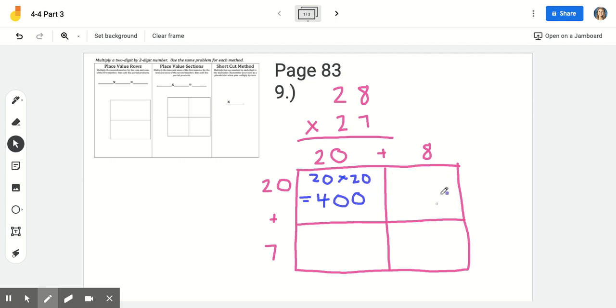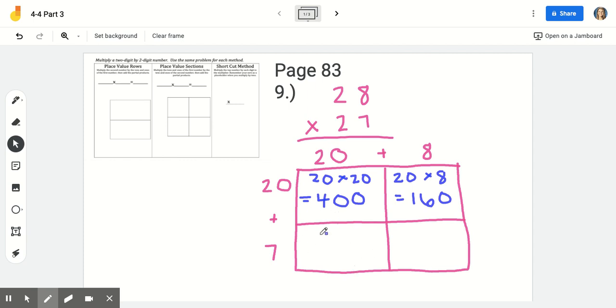Let's move on over. So this box right here, the top factor is 8 and the side factor is 20. So 20 times 8 is our multiplication sentence, which is equal to 16 plus 1 zero, which is 160.